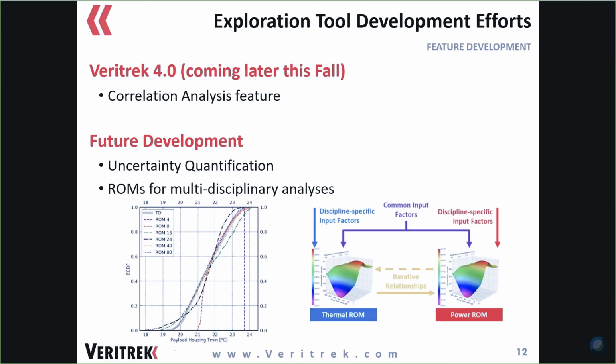That's something that we're going to be actively developing this fall: developing reduced order models for multidisciplinary analyses, and not only developing ROMs for other disciplines, but how do you combine ROMs between different disciplines, and how do you make them basically talk to each other? So just a couple examples of some of the future development that we're working on.